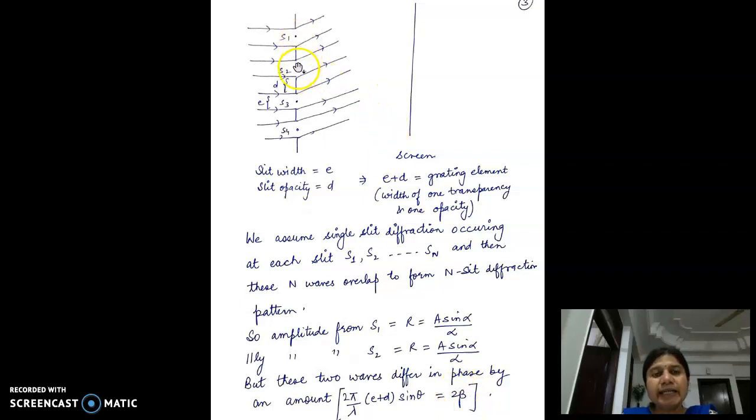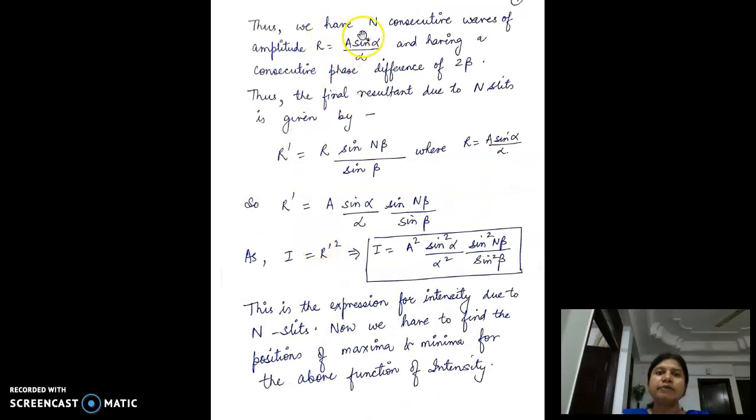Thus each wave differs from the previous one by a successive phase difference of 2 beta. So we have n consecutive waves of amplitude r, which is A sine alpha by alpha, with a consecutive phase difference of 2 beta.